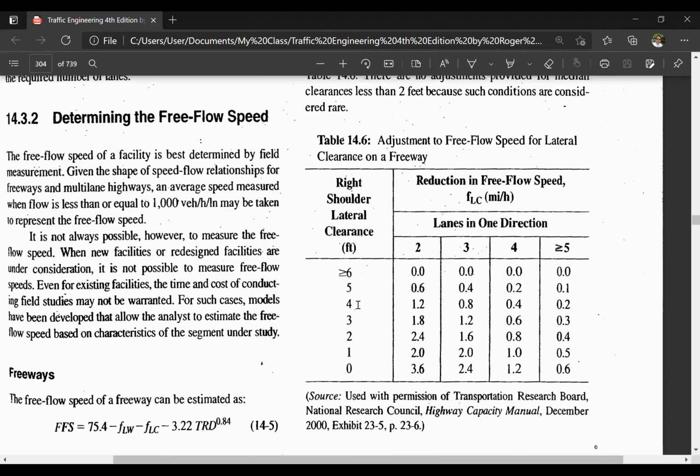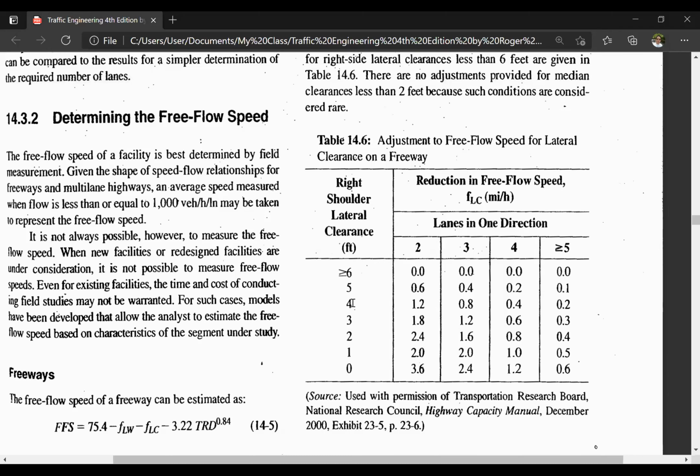If, for example, the right shoulder clearance is 4 feet, and the lane configuration is 2 in one direction, then the adjustment factor for the lateral clearance is going to be 1.2. The more lanes, the less impact, as you see here.